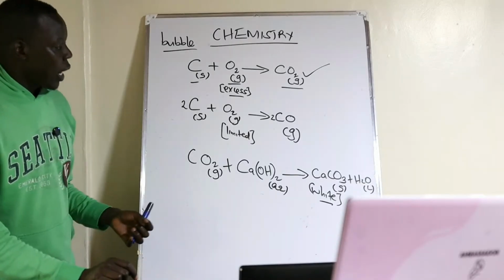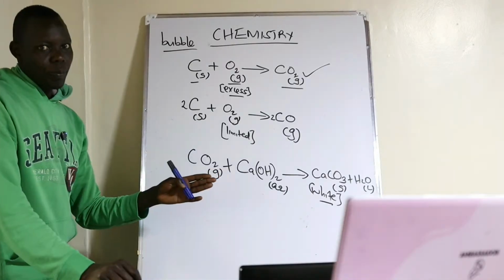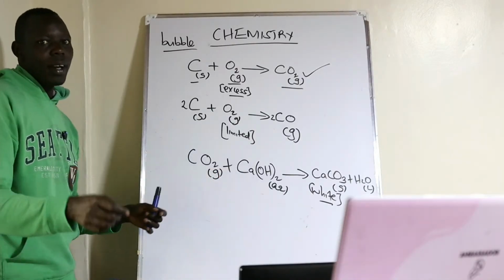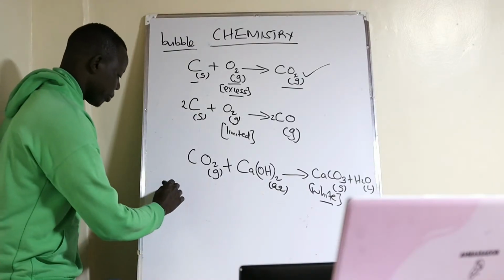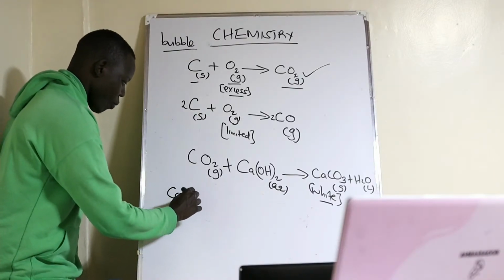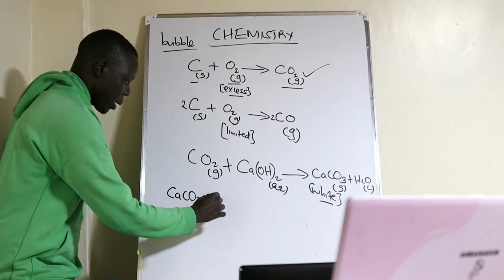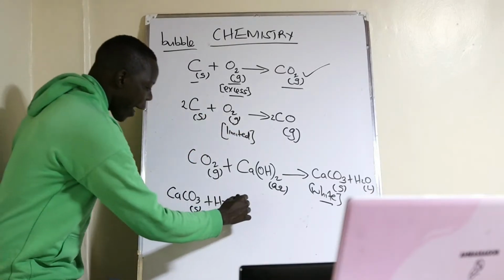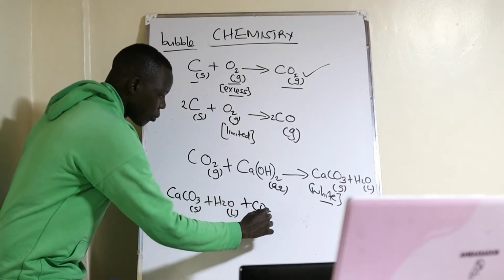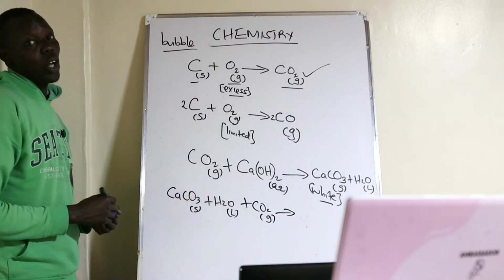That means after these products have been formed, calcium carbonate plus water, you continue bubbling CO2 gas. So now you have calcium carbonate, which is a solid, plus water. I'm just bringing the products there. Now, I add more CO2. It will give you a colorless solution.